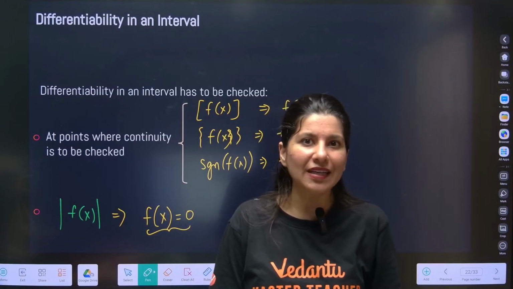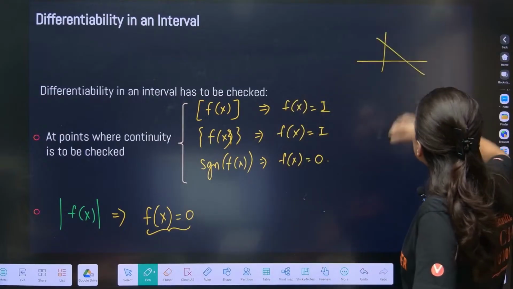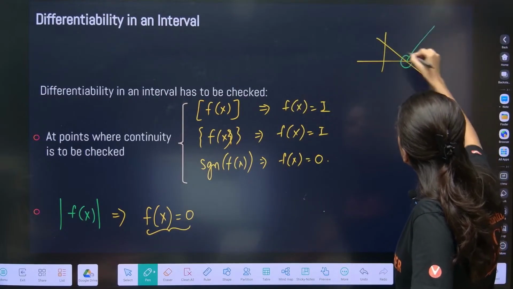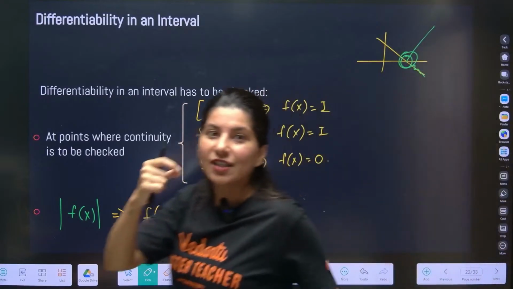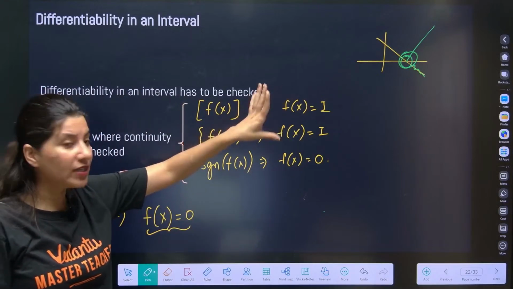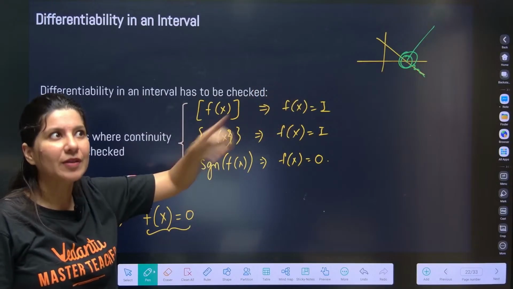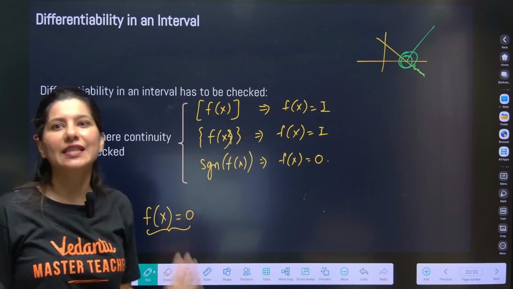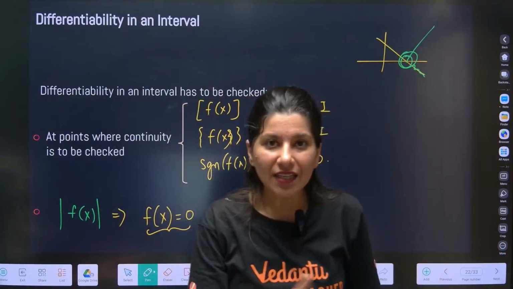Because whenever I take modulus, suppose this is a line, it will become a V-shaped graph. So there are chances of getting a sharp corner, which is important for differentiability. Whenever there is a sharp corner, the function is non-differentiable, but still continuous. So that's why modulus and continuity is there.